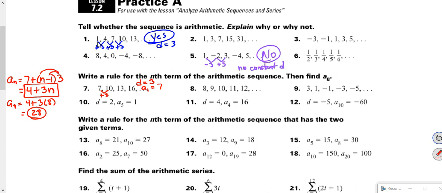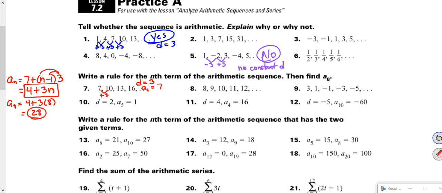Let's do number 12, because it's a little different. They just give us the D, and here they give us the 10th term. So we kind of have to work backwards to find the first term. You could take the 10th term and add 5 each time.